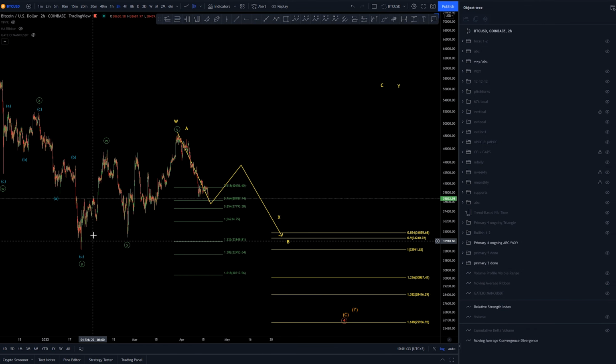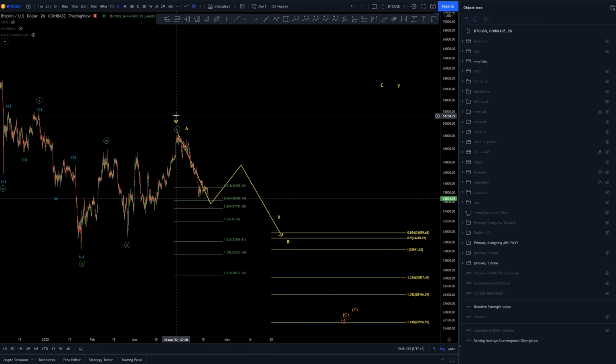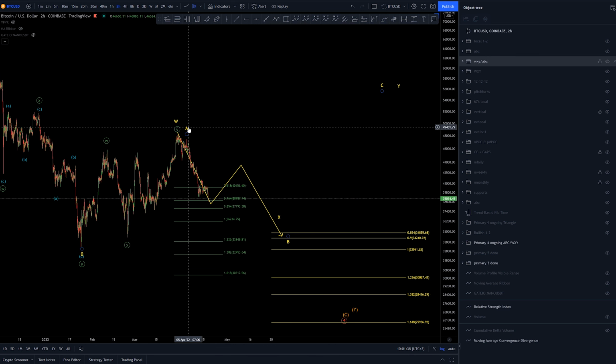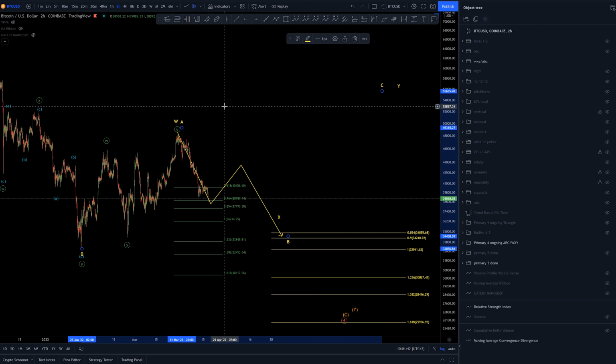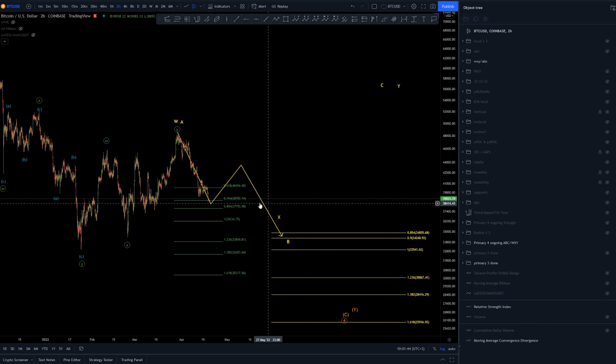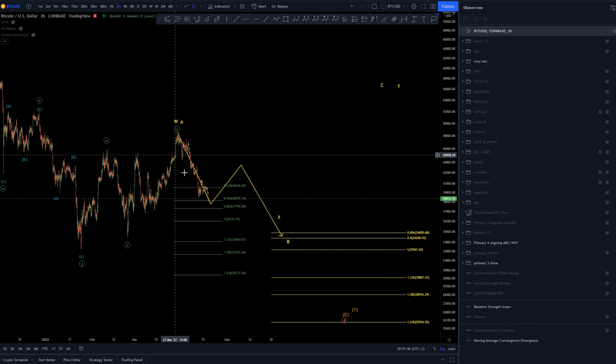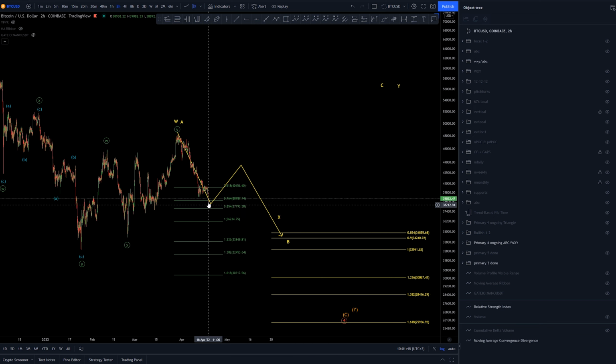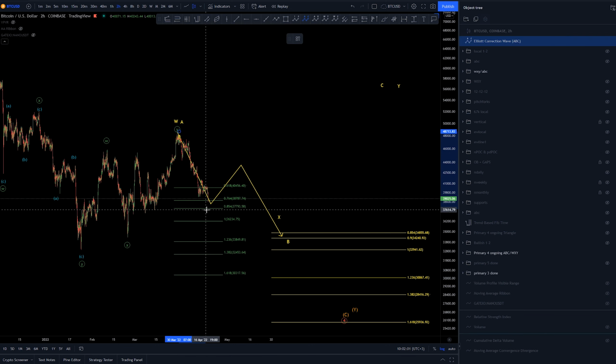Another one is here that we had a WXY into a W and or a wave. There's no certainty about this yet, as we don't know how much this is going to retrace downwards. Currently again impulsive look, so if we are still looking 3 ways down, we would be looking for this structure as a 5-way structure, 3 ways up and then 5 down, creating a zigzag pattern down here.